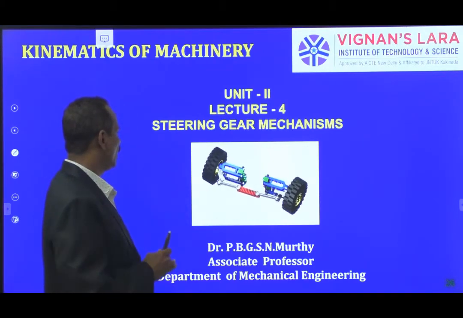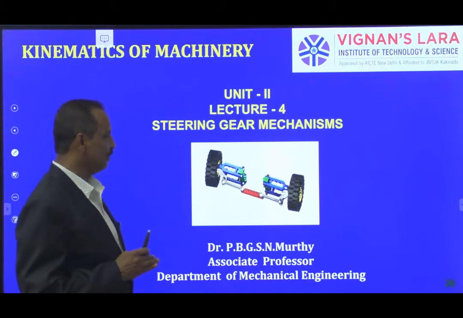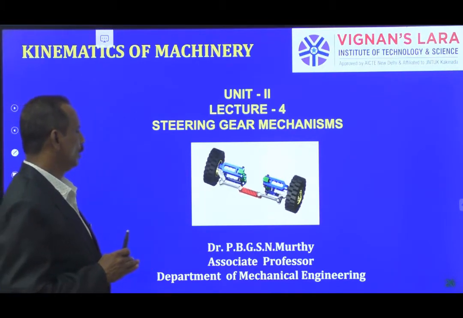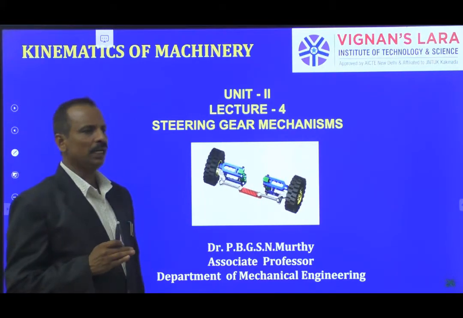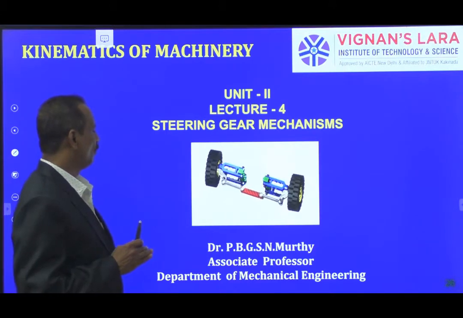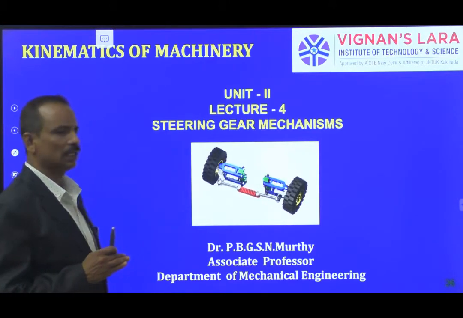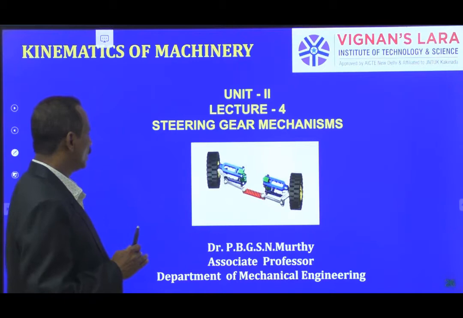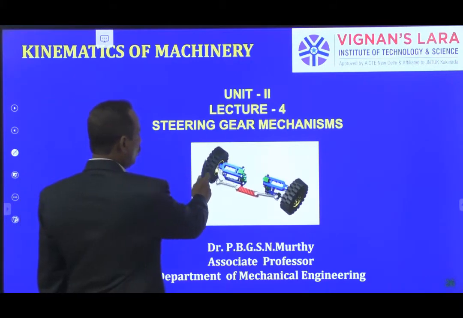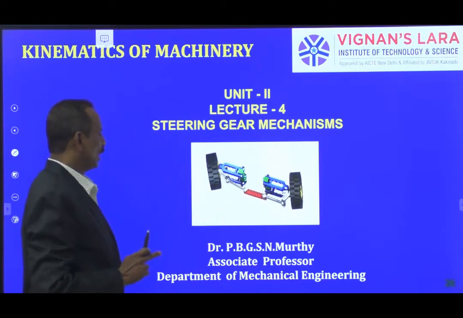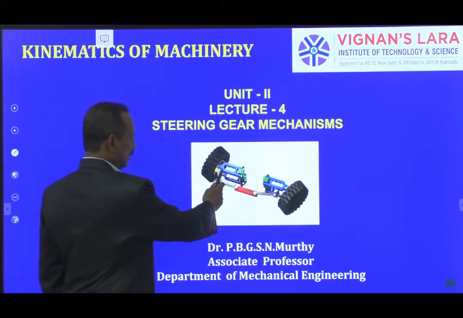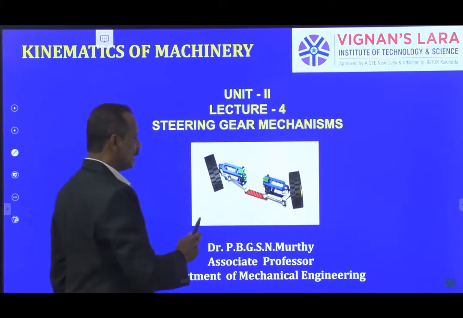So you can see here the animation, you can observe that the steering of a four-wheeler is taken into consideration, and you can see the two tires which are coupled to the stub axles.